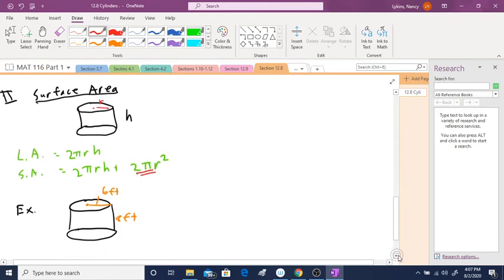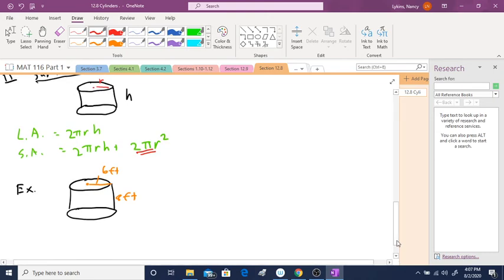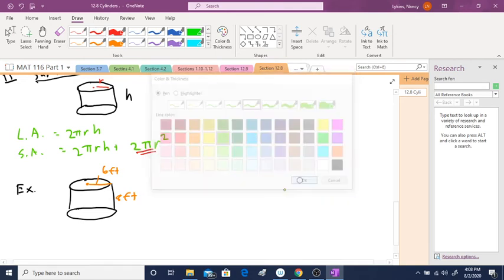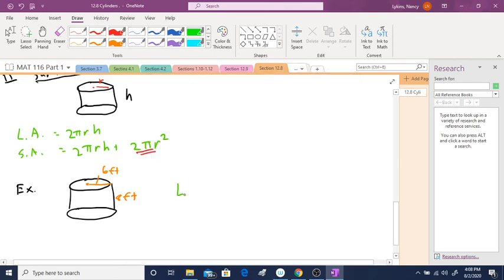So if I give you the radius to be 6 and the height to be 8, and I ask you what is the lateral surface area, and then what is the total surface area? If you use these formulas, the lateral surface area is 2 pi r h.